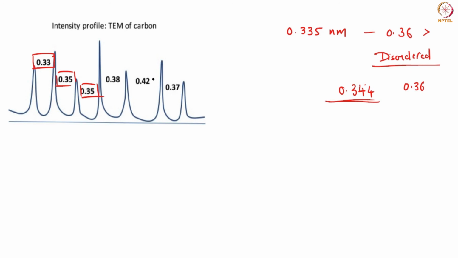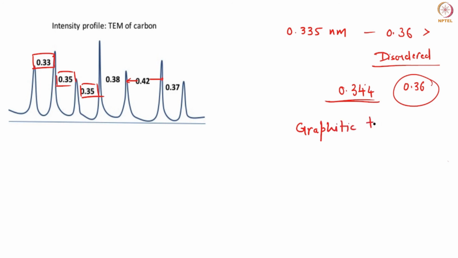When we are doing these manual calculations of the distance between the two intensity peaks, there is also a possibility of manual error. So let us say up to 0.36, we just call it okay, acceptable in your graphitic carbon, or at least graphitic turbostratic carbon.